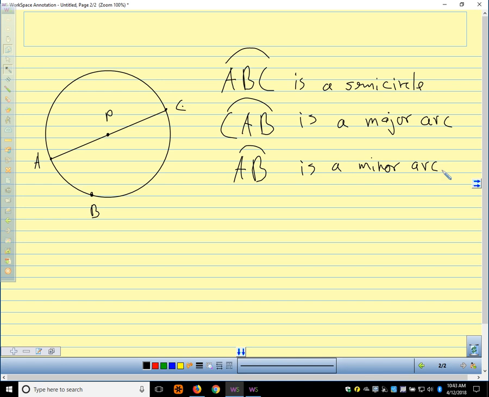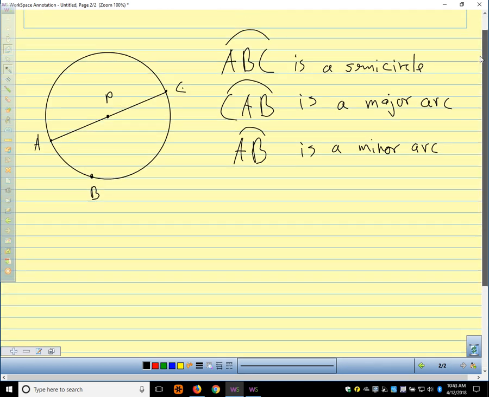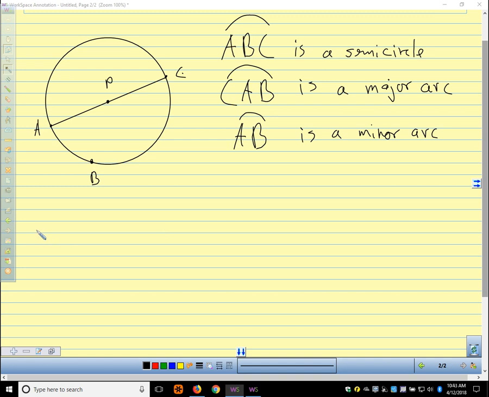So we use 3 letters to name major arcs, usually, and we use 2 letters to name minor arcs. Because this is AB, it tells us we don't go through point C. We're not going around this direction. We go straight from A to B. And we use this little arc symbol to name an arc.